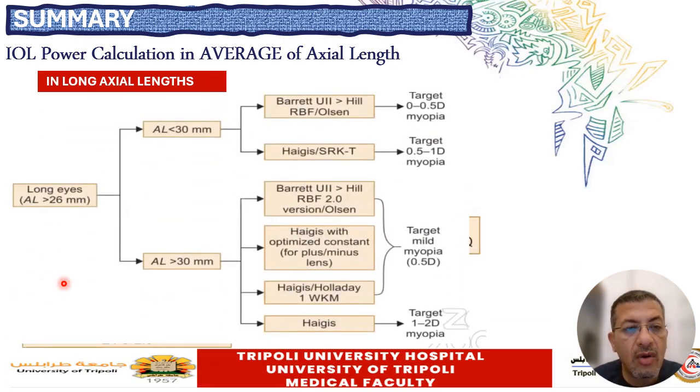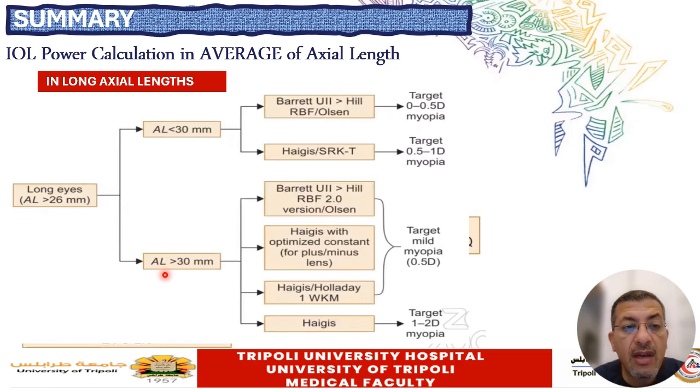Now, for the long axial length, meaning more than 26 millimeter. If it is more than 26 but less than 30 millimeter, you can use the SRK/T and Higgins formula, provided you arrange the postoperative target refraction. Also, the Barrett Universal 2 can be used.